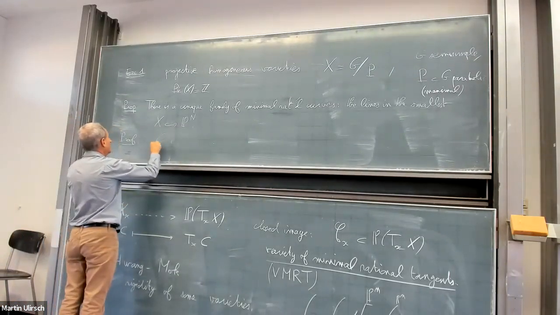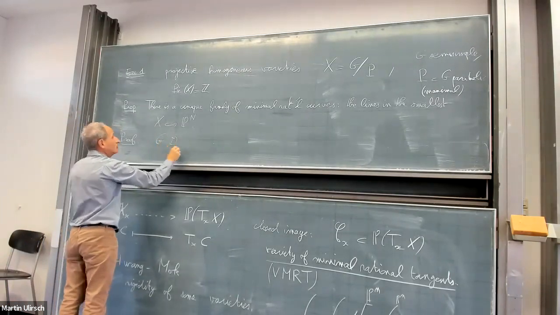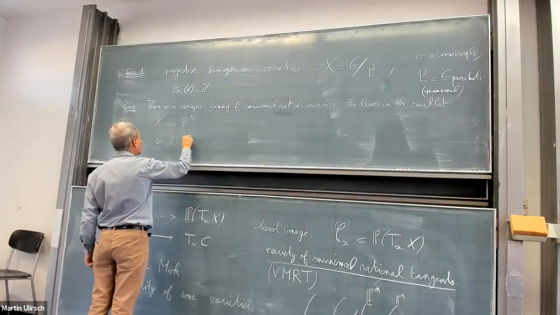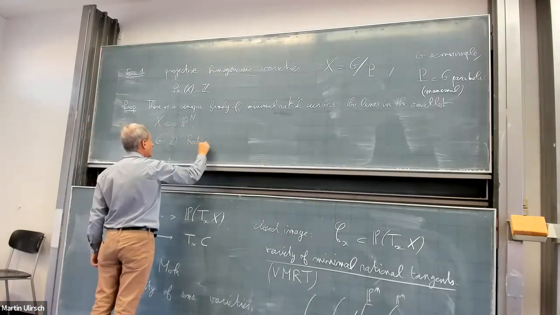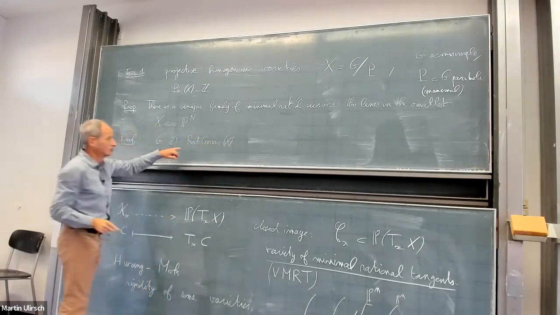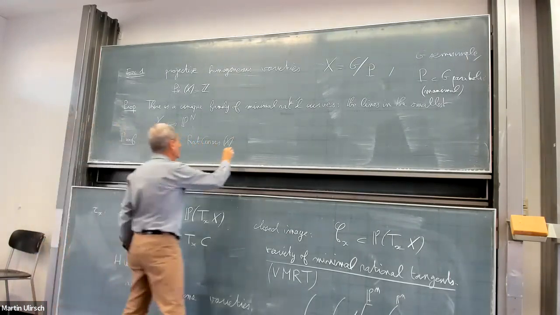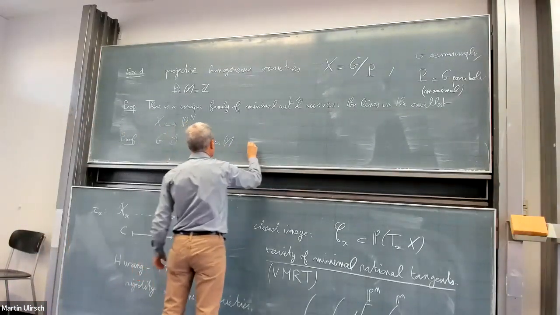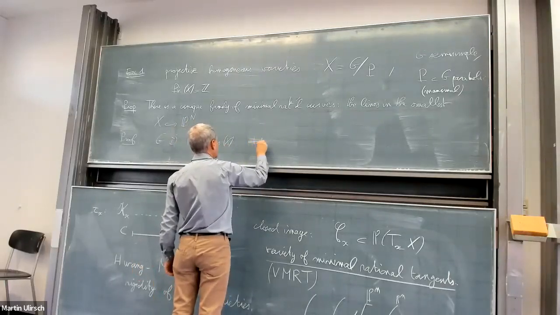I use the action of P on this space of minimal curves, by translation on the variety, and since G is connected, it will stabilize every component.